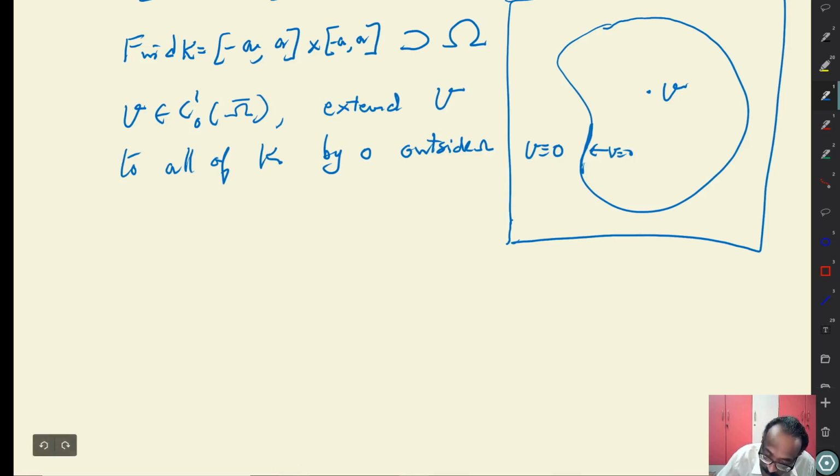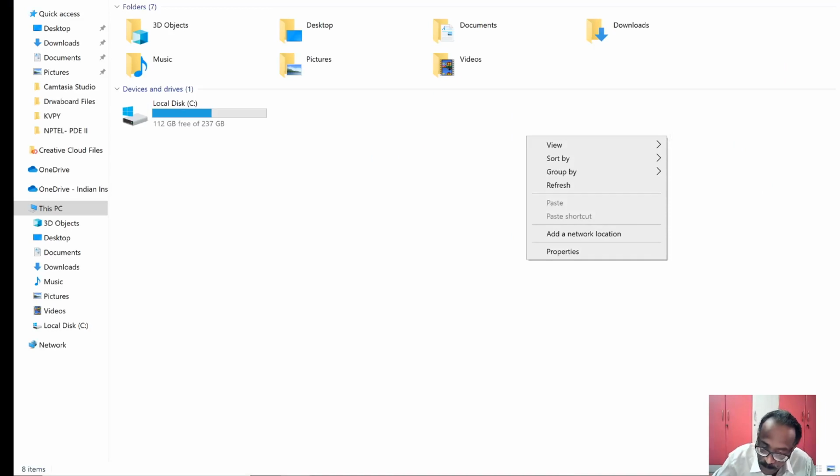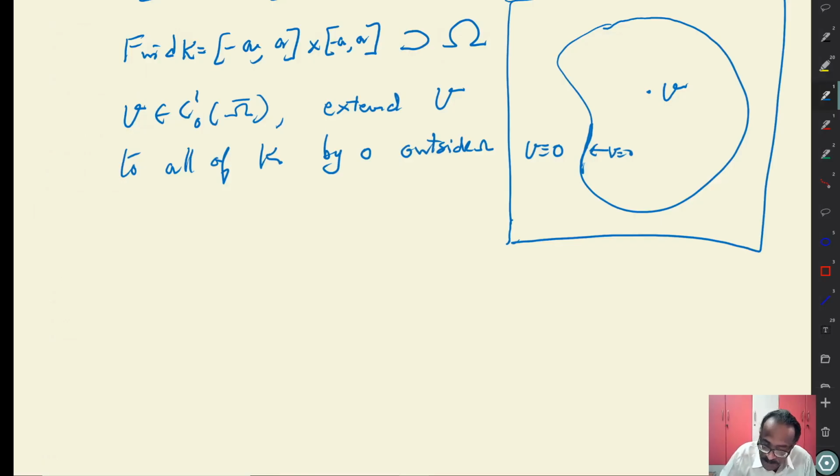So take any point (x, y) here. I can connect this from here, and this is the point from here. And v is differentiable, so you can integrate.